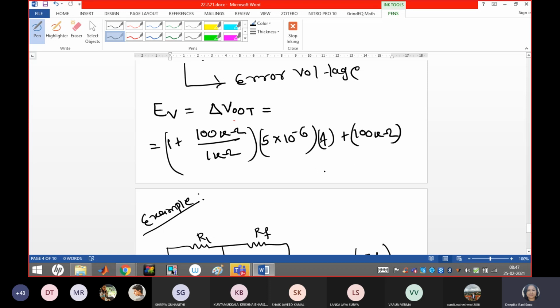Then del IIO by del T, that value is 2 nanoampere per week, 2 into 10 to the minus 9 into again 4. Solve it and tell me at least. Okay, 2.82 millivolt. Yes, very good. 2.82 millivolt.